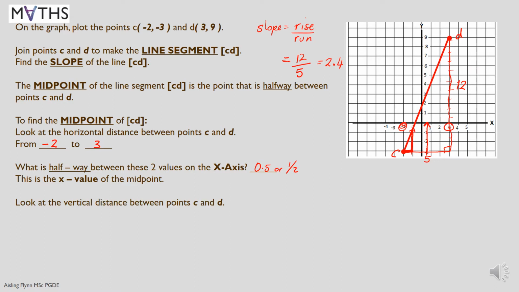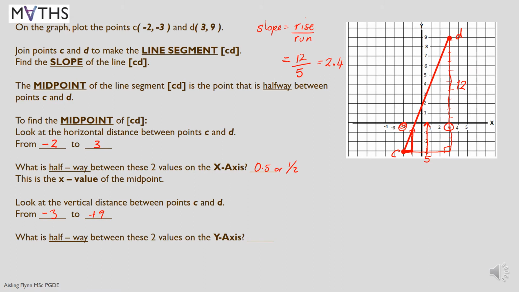Look at the vertical distance between points C and D. We saw already that the rise up from C to D is 12. On the y-axis, C is at minus 3 and D is at plus 9, so in total that was 12 units. What's halfway along this line from minus 3 up to plus 9?